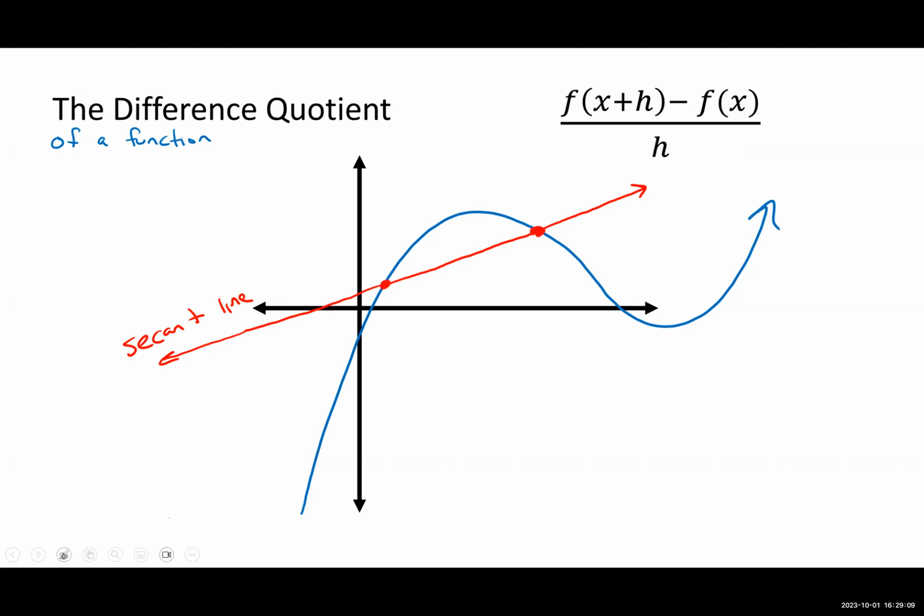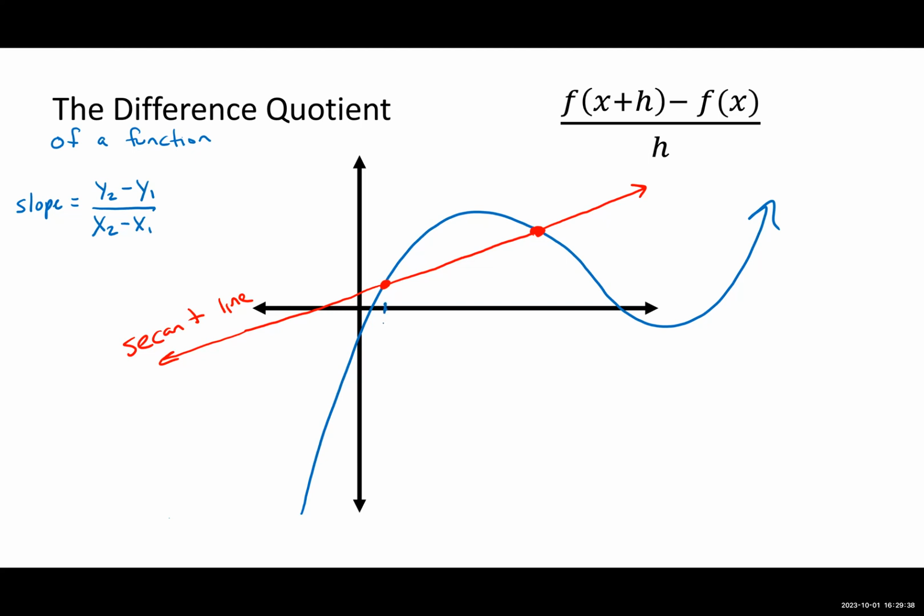Now, I just previously said that the slope of a line, actually the symbol for slope is m, but we're not going to introduce that just yet. Slope is equal to y value minus y value. You've got two y values because you've got 2 points: y2 minus y1. And you've got two x values because you've got 2 points: x2 minus x1.